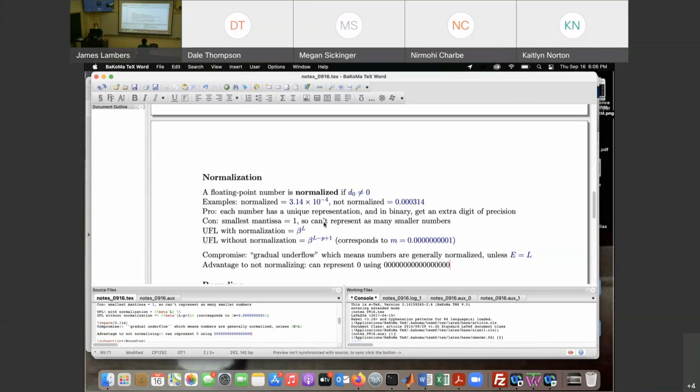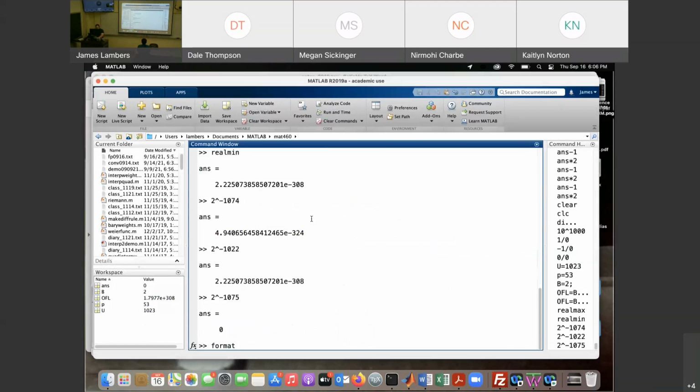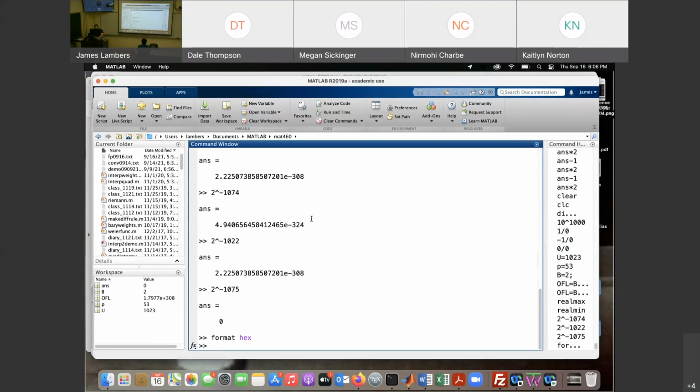Because if you are insisting on normalizing all the time, your smallest mantissa is 1. That means you have no way of representing 0. But so if I do format hex, I've shown you this one before. If I want to represent 0 in hex, it's exactly what it should be, intuitively. It's all zeros.